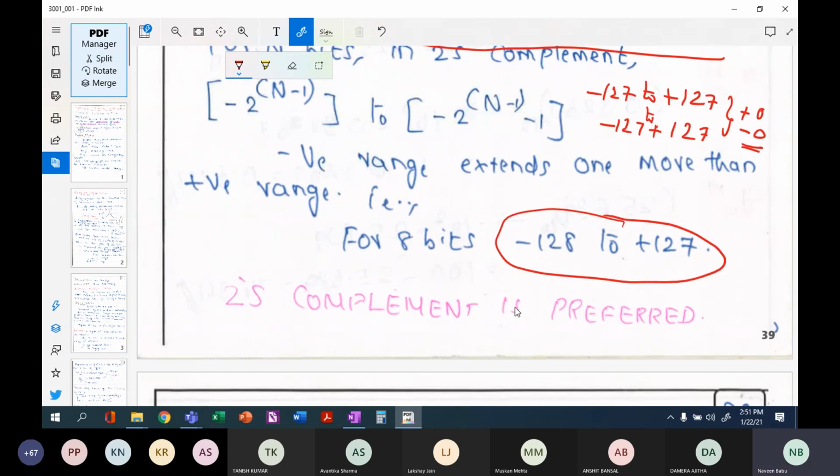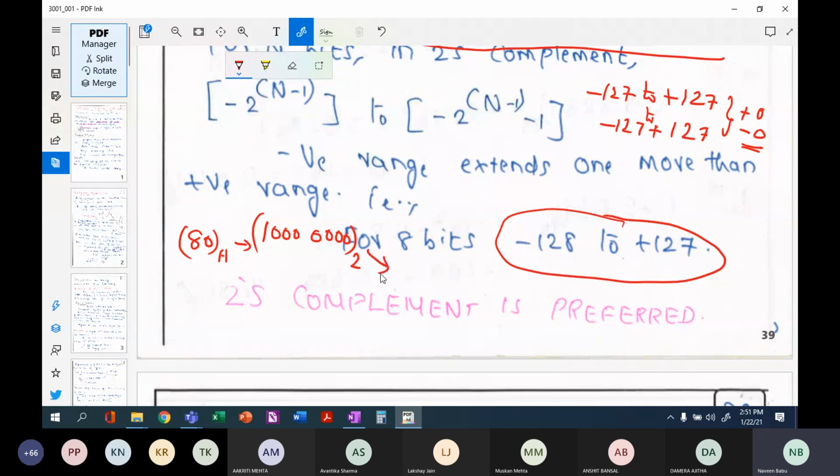Any doubt? Excuse me, sir. Yes. Sir, by 80H you mean 80 in hexadecimal digits, right? Yes, 80 in hexadecimal digits. If you want, we can convert. What is this 80H corresponding to? It is 10000000 in terms of binary digits.